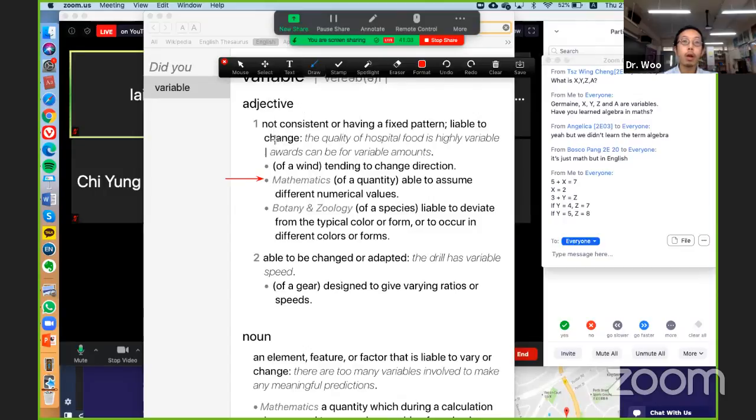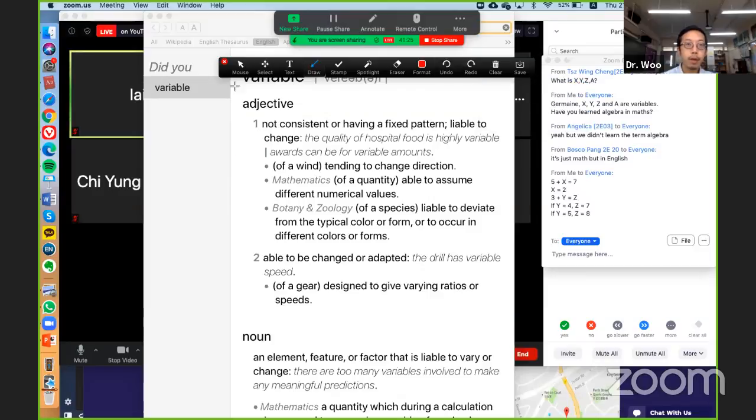Now, the meaning we're using is here: not consistent or having a fixed pattern, liable to change. Actually, let's go down here.